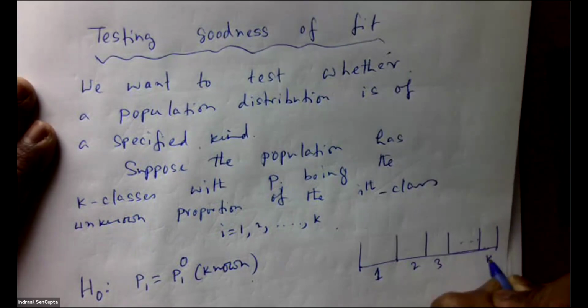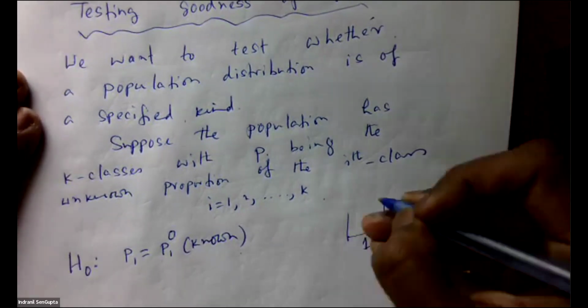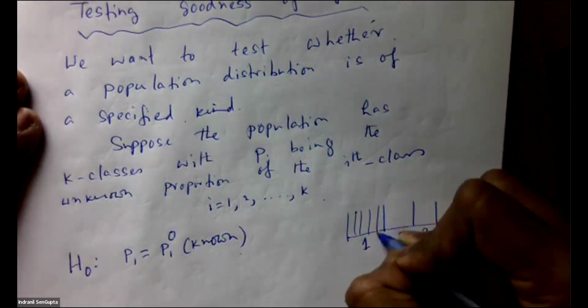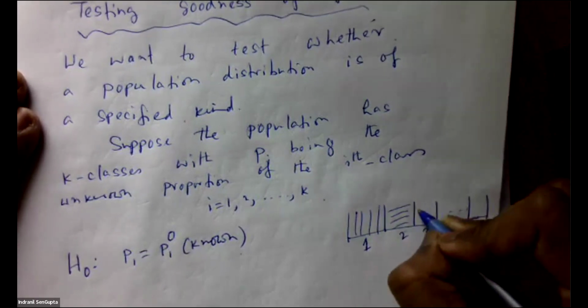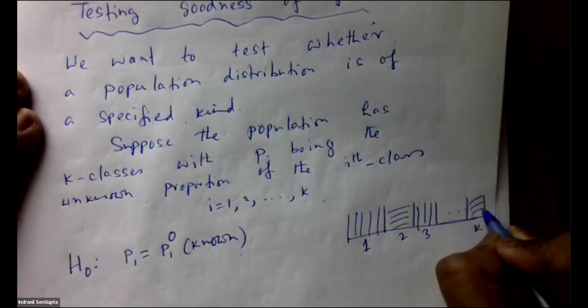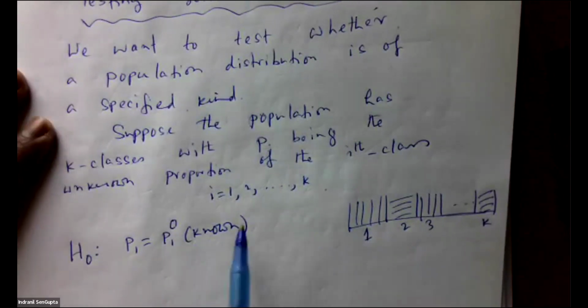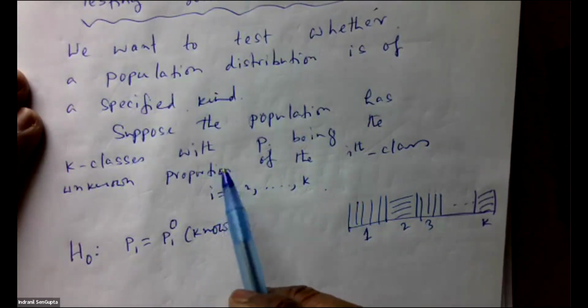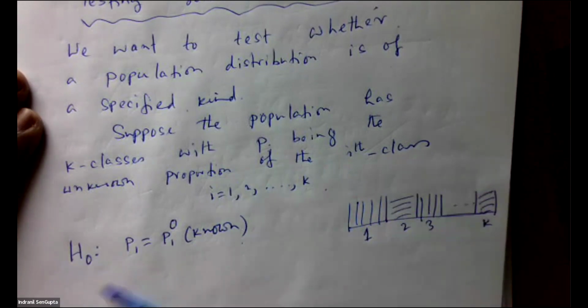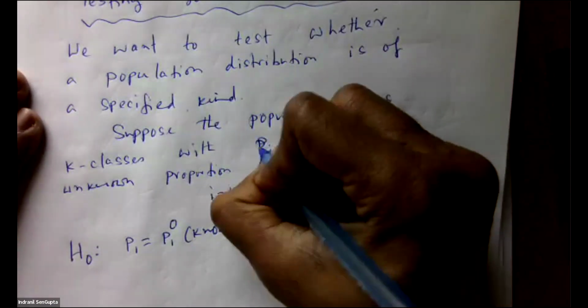We have the k classes of the population, so we sort of divide this population into k buckets.